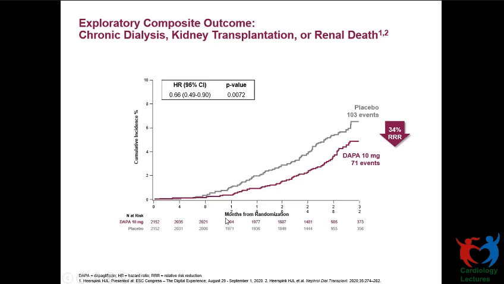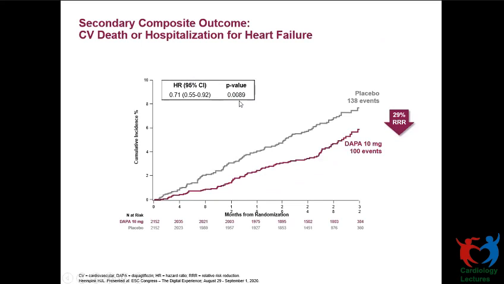You can see that after 1 year of DAPA treatment there is a slow improvement in the eGFR, and the p-value is very, very significant.